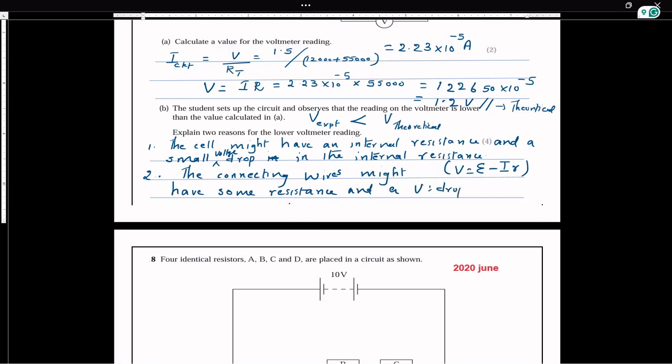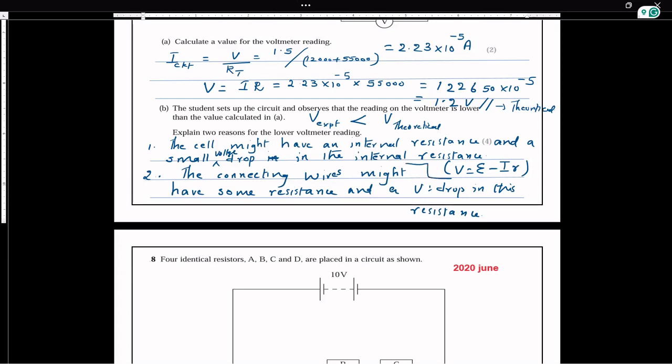The voltage drop in this resistance. This equation is for the first one. So these are the two reasons. Cell might have an internal resistance. Similarly, the connecting wires might have some resistance.